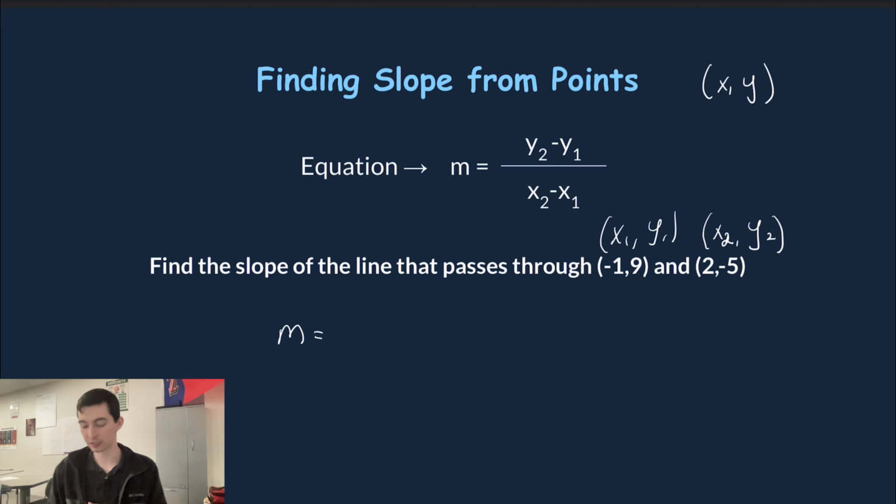And so I'll set up my slope formula now. My y2 is -5. I'm subtracting this from my y1, which is 9. So I have -5 minus 9 on top.